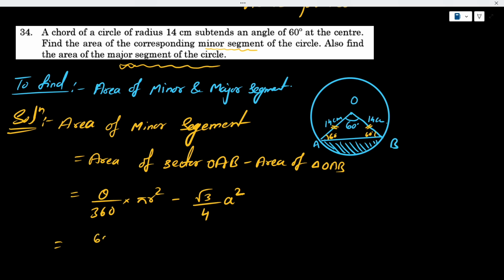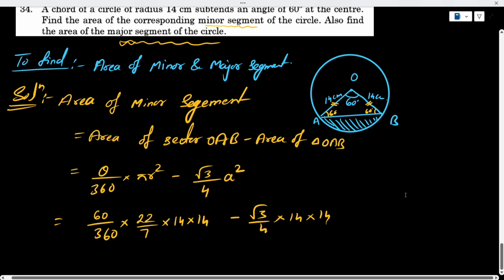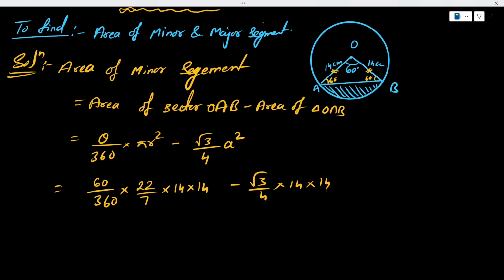So substitute the values: 60 by 360 times 22 by 7 times 14 times 14, minus root 3 by 4 times 14 times 14, right? Now please do not make any calculation error here. To get the simplest form, you can see that 14 is common in both terms. You can take it common, or use the cancellation method, since I am able to divide.